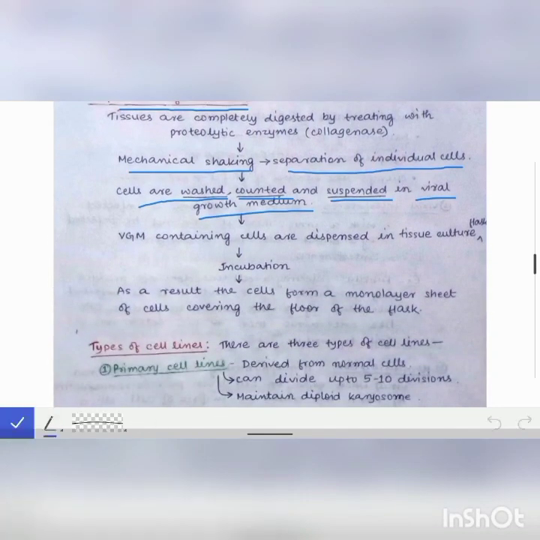After suspending in the growth medium, the viral growth medium containing the cells is dispensed in the tissue culture flask. So we'll take a tissue culture flask and we'll keep that viral growth medium with suspended cells into a tissue culture flask, and that flask is incubated so that the cells just settle down and form a monolayer sheet at the bottom of the flask.